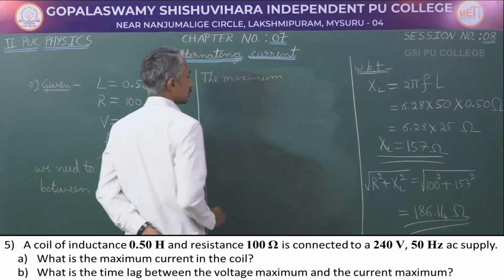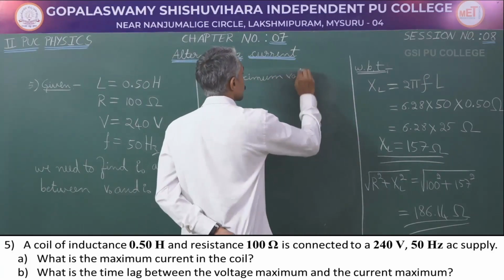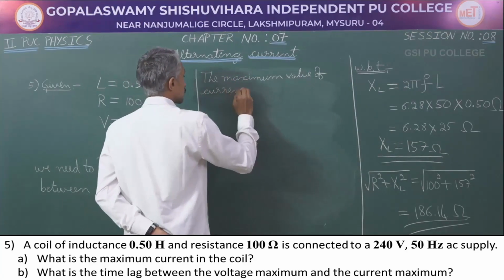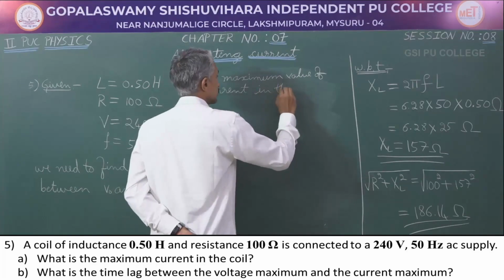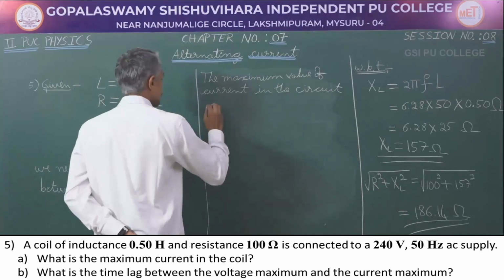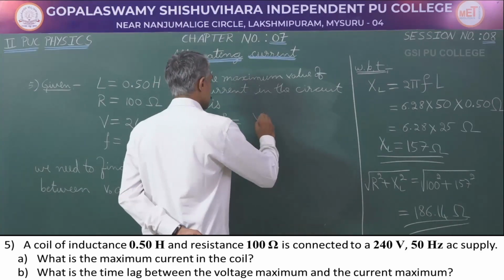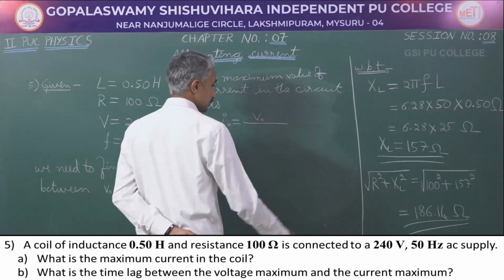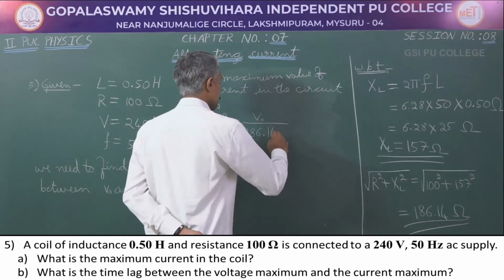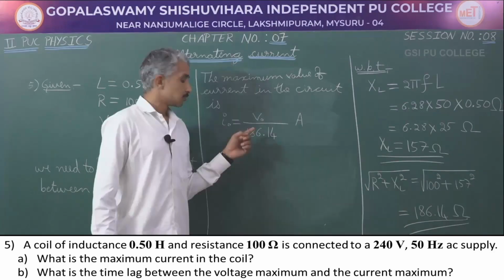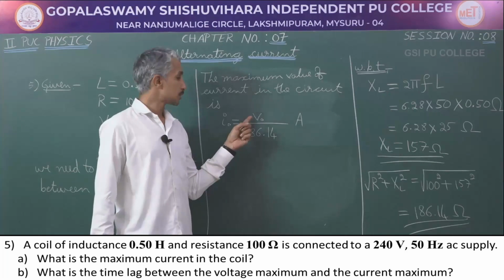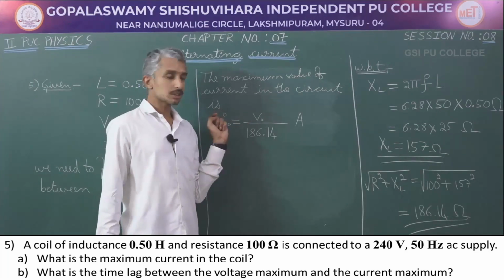Finally, the maximum value of current in the circuit is I naught, which is equal to V naught by the impedance, 186.14 ohm. Further, the peak value of the voltage is the RMS value divided by 0.707.